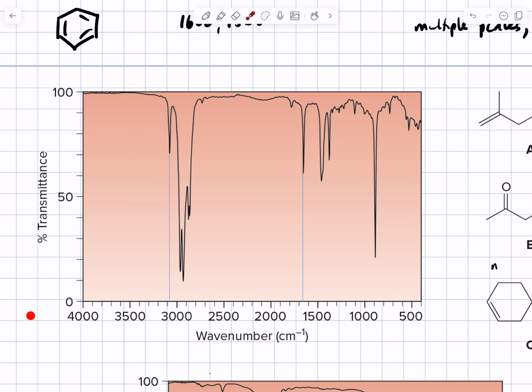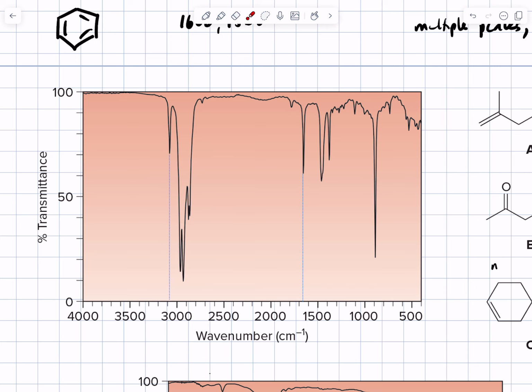Don't know why that is, just tradition. Second, the y-axis is something called percent transmittance. That means how much light is getting through. So a peak corresponds to something that has closer to 0% transmittance. That means light is getting absorbed.